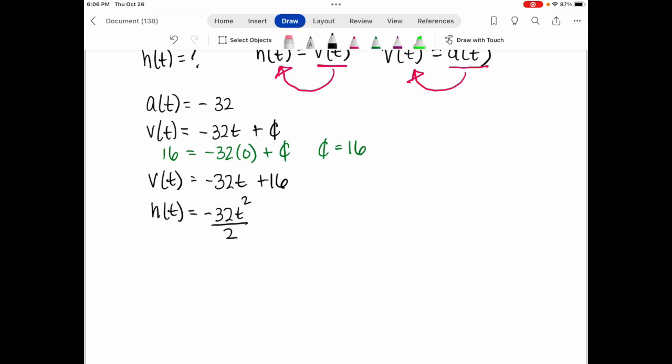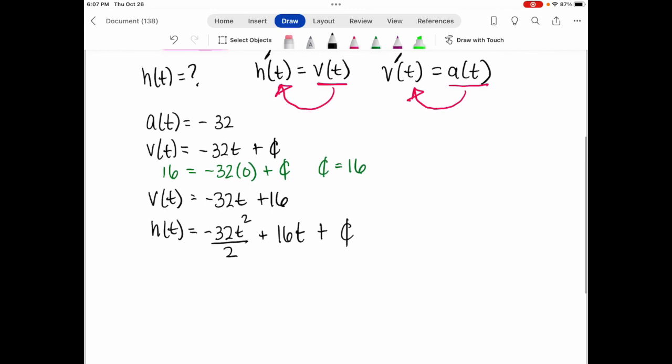So now when we work backwards and do the antiderivative, I want to add 1 to the exponent and divide by that exponent. And so now when I do the antiderivative of 16, I get 16t, and then I have a plus constant. I can rewrite that negative 32 divided by 2 as negative 16. So we have our family of functions for the height function.